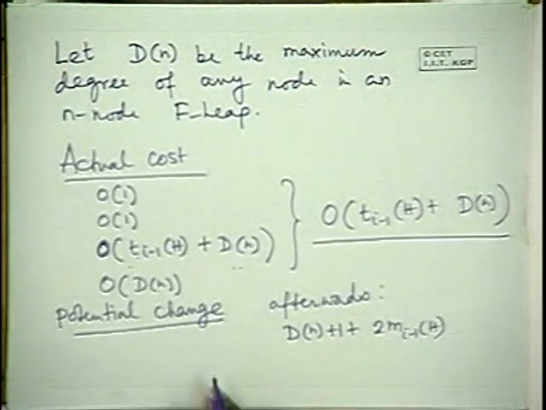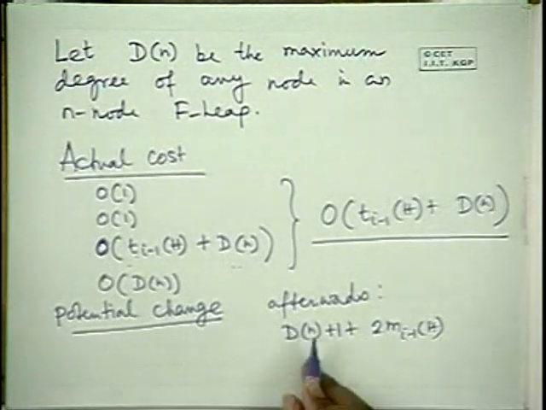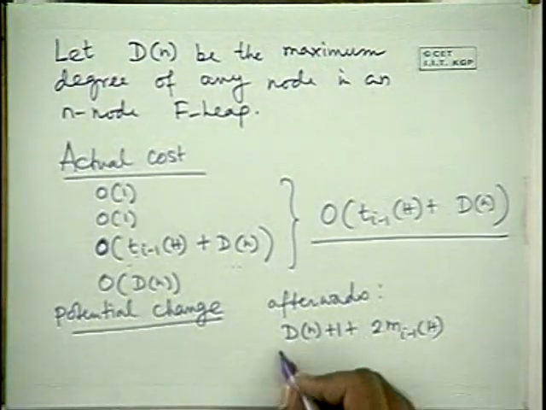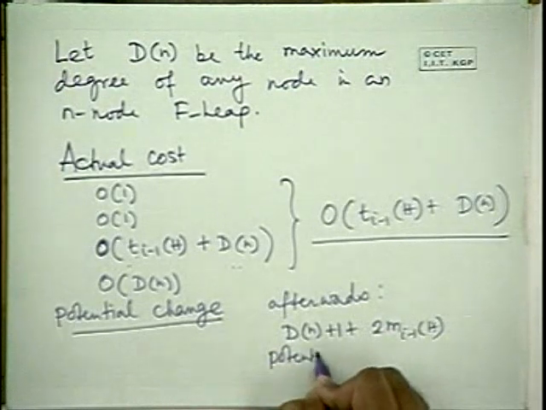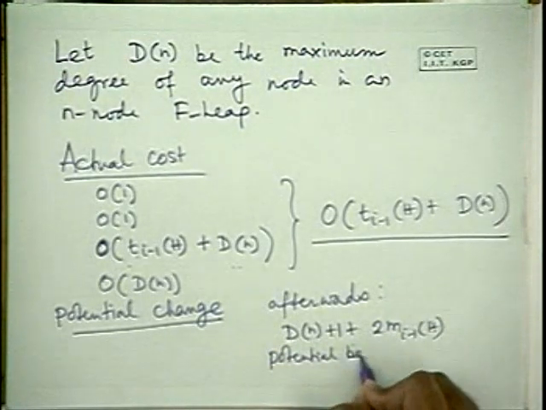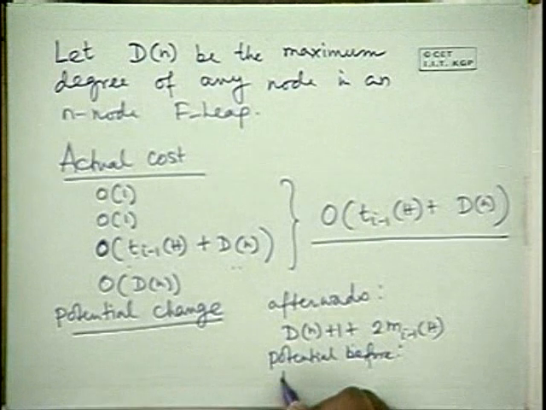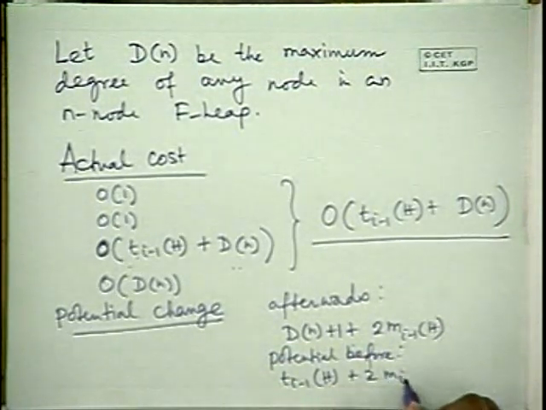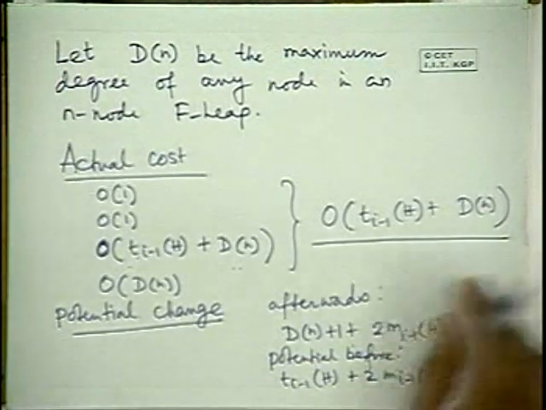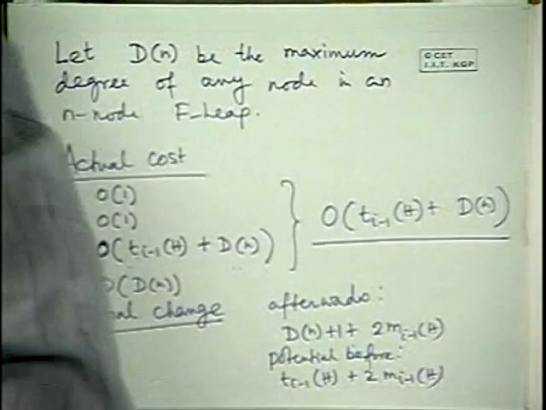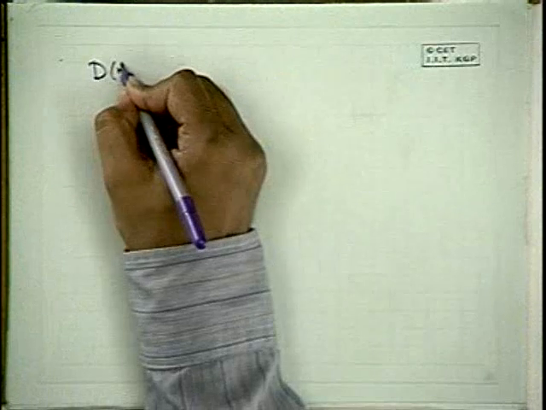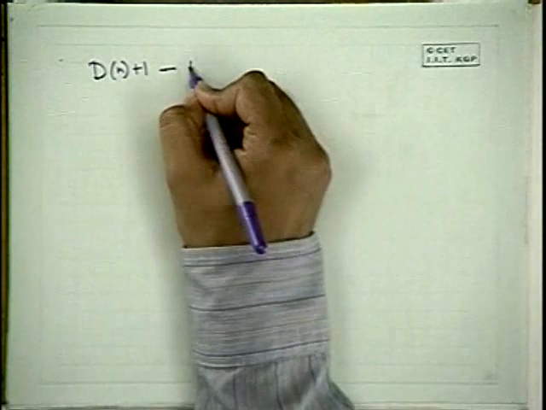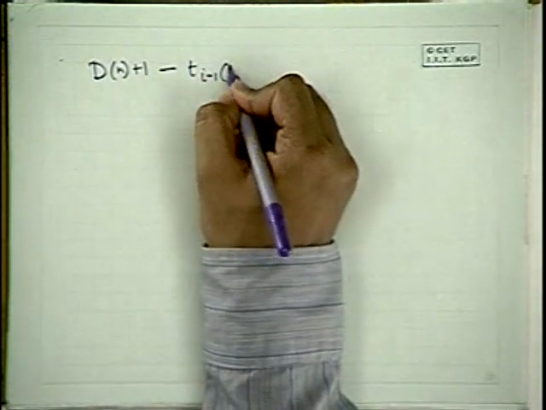That is the potential afterwards, less than or equal to. And potential before is Ti minus 1 h plus 2 of again mi minus 1 h. So what is the change? The potential change is Dn plus 1 minus Ti minus 1 h.